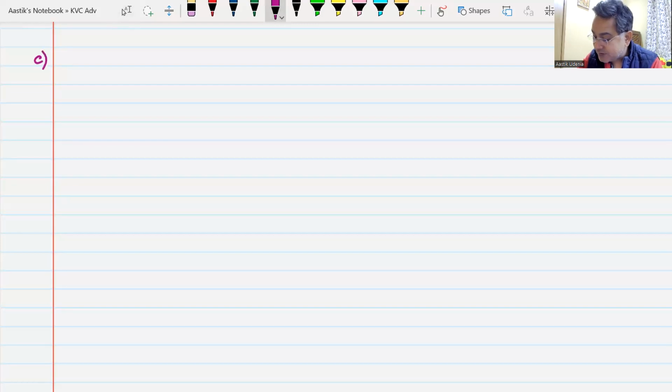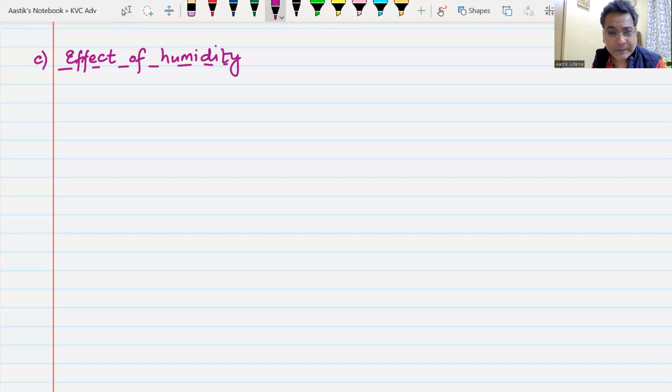Effect of humidity. Remember these points? What is the effect of humidity? Humidity of air. Sometimes air becomes very humid, especially in summer seasons. What is the effect of humidity?